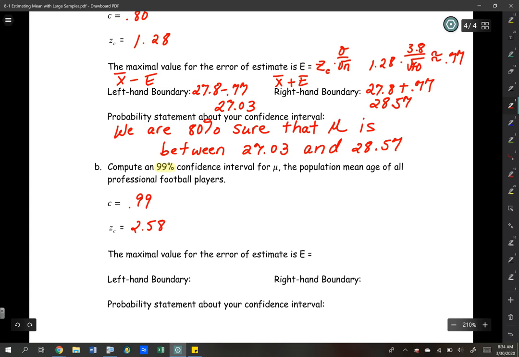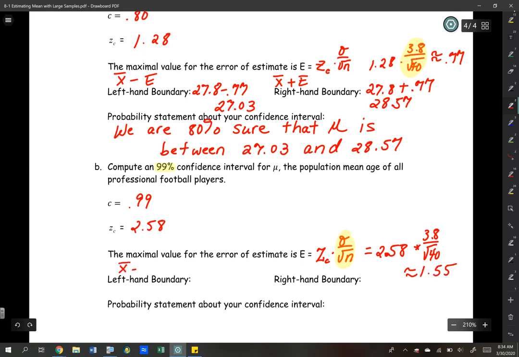We're going to find E, z sub c times the standard deviation over root n. Now we already have used that in the formula, so that's just going to be the same. So it's going to be 2.58 times 3.8 divided by root 40. We do that in our calculator, and we're going to get approximately 1.55.